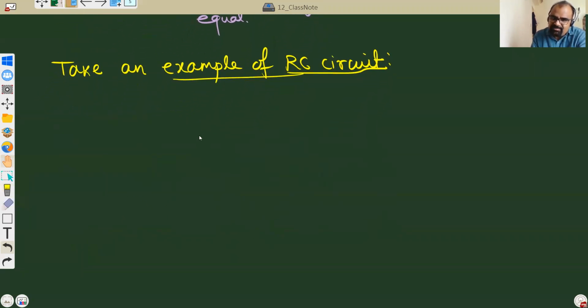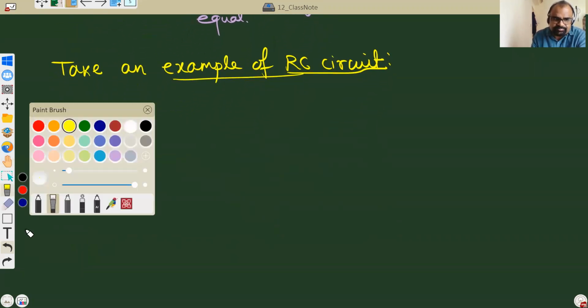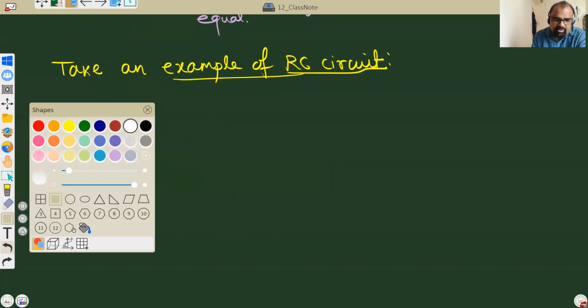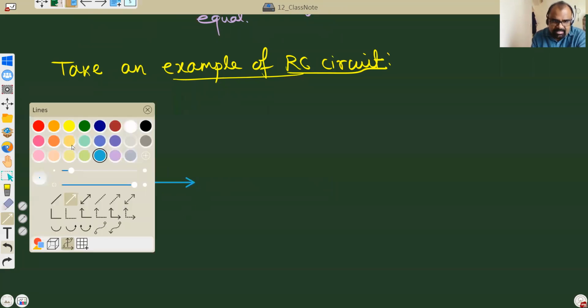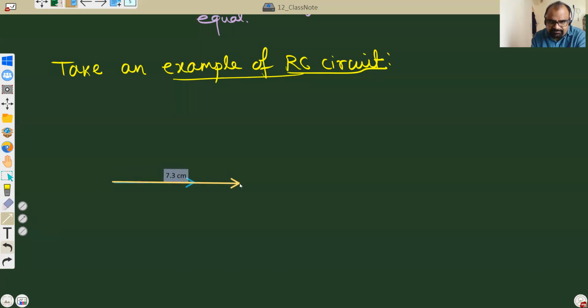I'll just take one example and everything will be clear to you. You will not have any doubt how they are equal, because they don't look equal, but they are. So here is the current phasor. Here is the VR phasor. Here is the VC phasor.